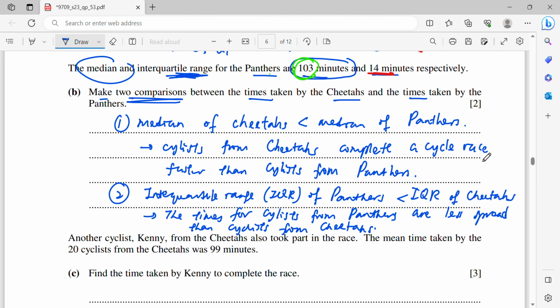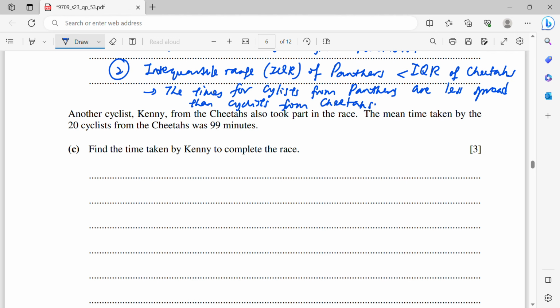Okay. Now another cyclist, Kenny, from the cheetahs also took part in the race. The mean time taken by 20 cyclists from the cheetahs was 99 minutes. Just now initially it was 19. Now add the additional participation of Kenny, then the mean becomes 99.